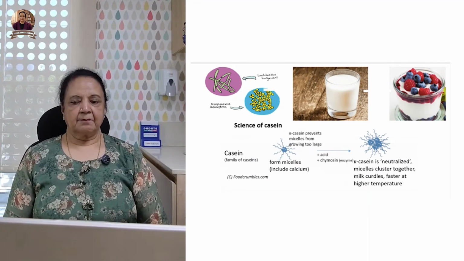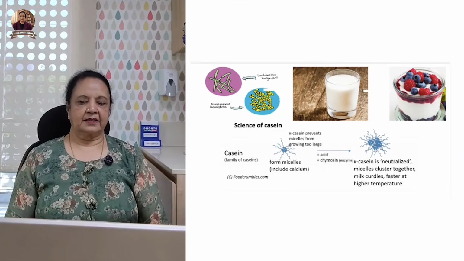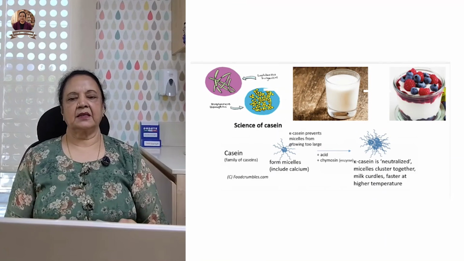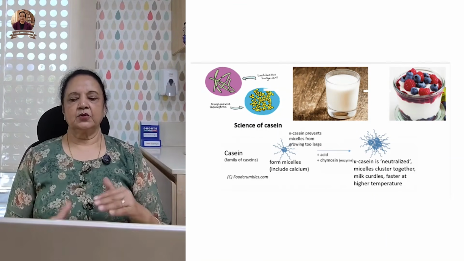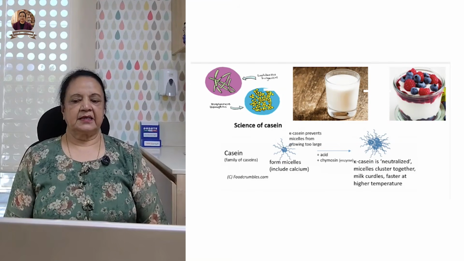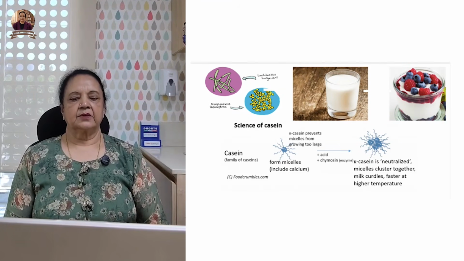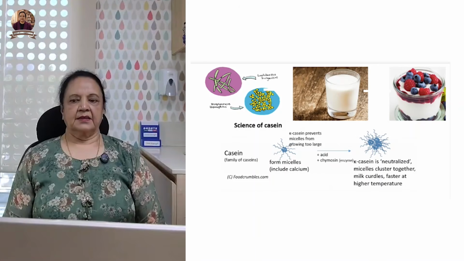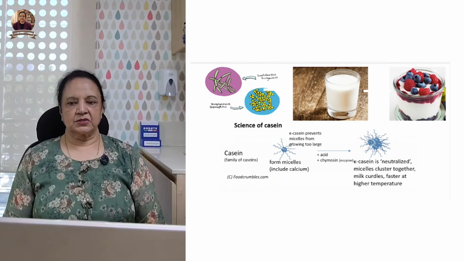LAB multiply in the milk. They produce lactic acid, which causes the milk protein casein to coagulate and precipitate, converting the milk into curd. This process also partially digests the milk protein, making the curd easier for us to digest.